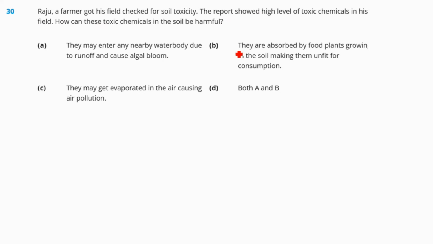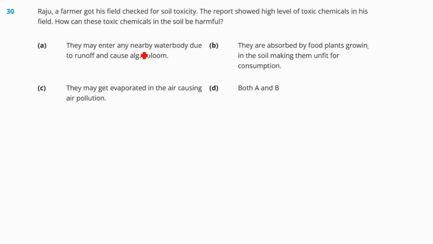Question number 30. Raju, a farmer, got his field checked for soil toxicity. Toxic things are the things that spoil your soil. The report shows high level of toxic chemicals in his field. How can these toxic chemicals in the soil be harmful? Let's see.